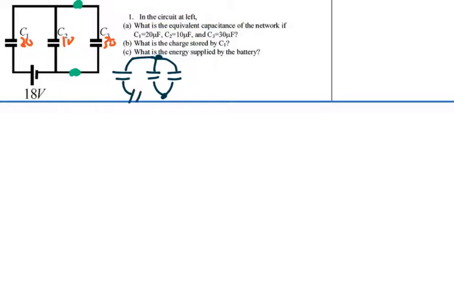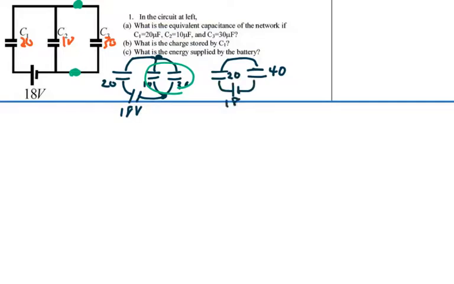And here's our battery. So we have 18 volts here, we have our 10 and our 30 in parallel, and then we have our 20 over here. The parallel combination adds together, and now this circuit looks like this, with 40 microfarads over here, 20 here, and our battery, 18 volts.